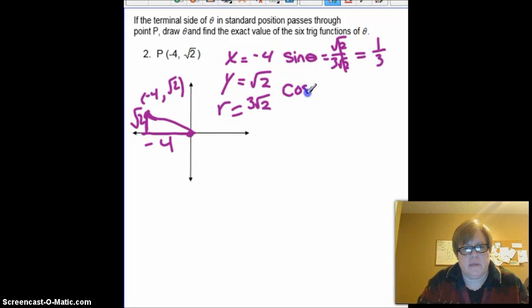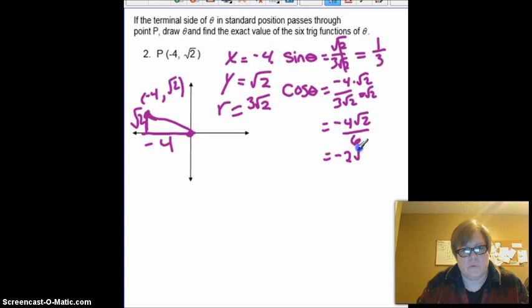All right, cosine theta will be x over r, so -4 over 3 square roots of 2, which we do not like to leave radicals in the denominator, so we multiply by square root of 2, and we end up with -4 square root of 2 over 6, which we can further simplify to -2 square root of 2 over 3.